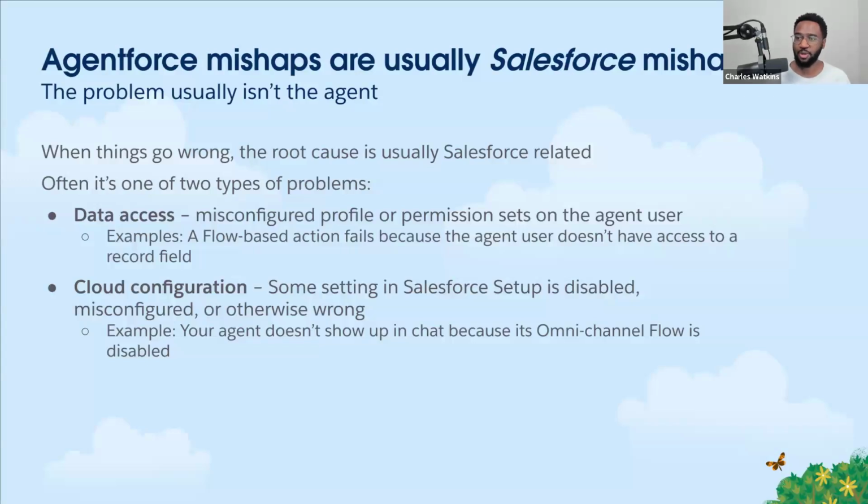It doesn't have access to an Apex class, or to a field, an object, or a record, and when you go to use it, it fails. The second one is configuration. You're trying to configure something like an Omni-Channel flow so that your agent can respond to text or show up in a chat window on a website, and it doesn't show up because you didn't set up something inside of Service Cloud correctly. Usually that's what's wrong, rather than an issue with the agent.